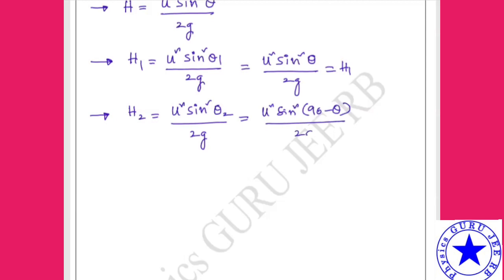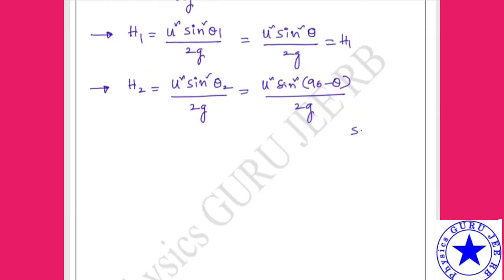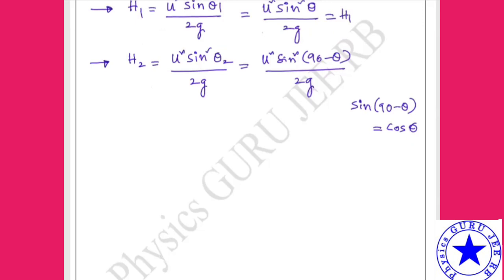Now the question is, sine of 90 minus theta. One should know this again. Anybody have any idea? Oh, most of them, very good. So sine of 90 minus theta is cos theta. Most of them posted their answers in the chat box as cos theta. Very good.